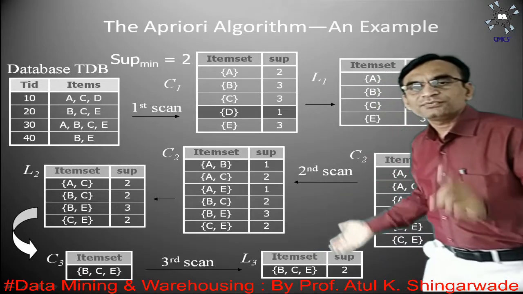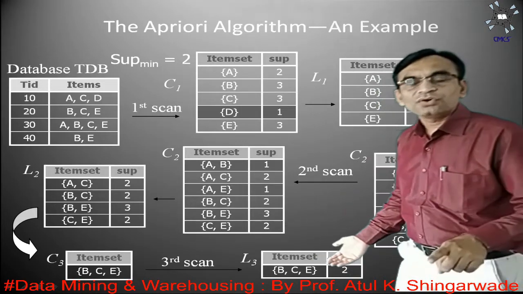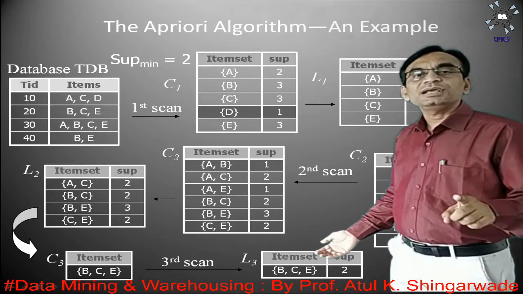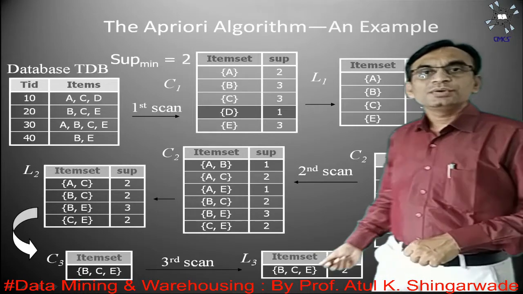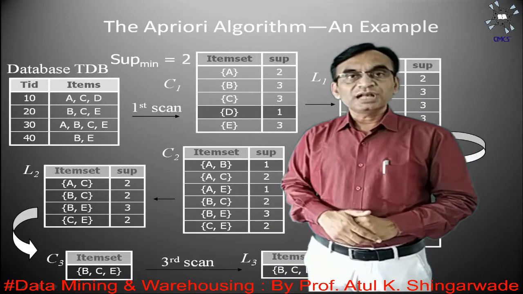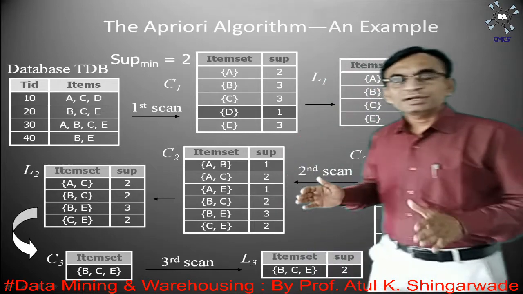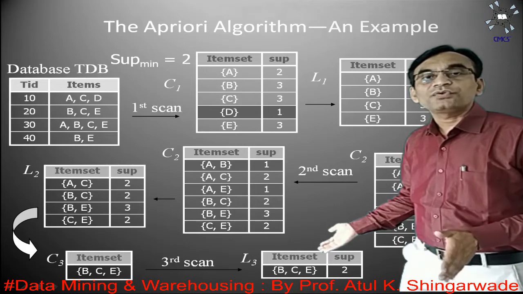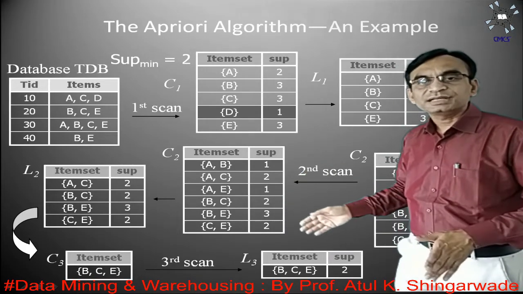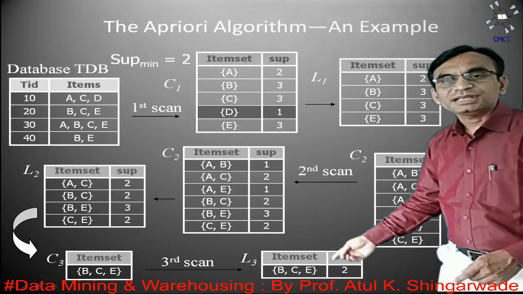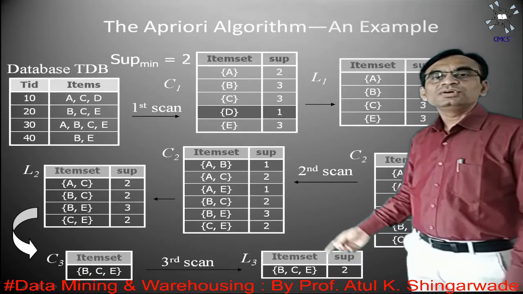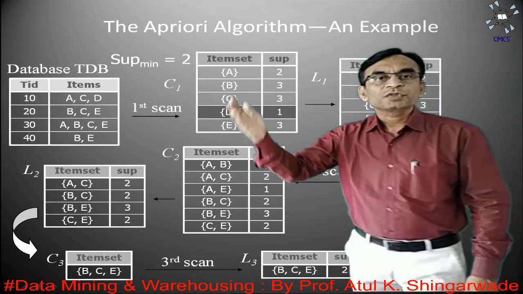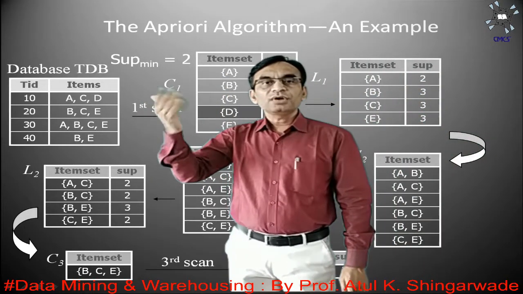So we cannot form level 4, and the candidate in level 4 will be a null value. Null means there will be no items. It means there will be no frequent items found for the next candidates, and that's why BCE along with the support count 2 is considered the output of this apriori algorithm for this given example.